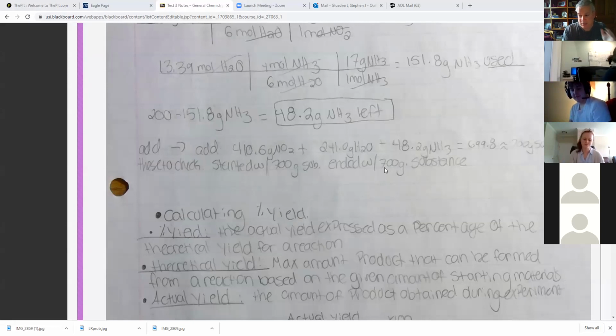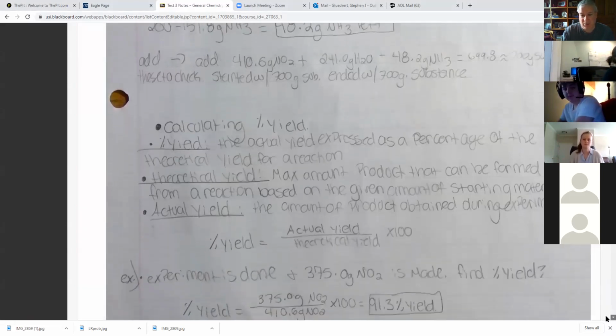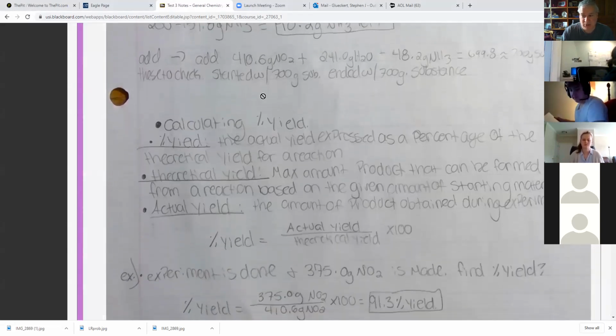So going back to what we talked about yesterday, this was the same problem. The next thing we need to talk about is percent yield, because like I said, you don't always get what you think you should get because you can have different things going on.